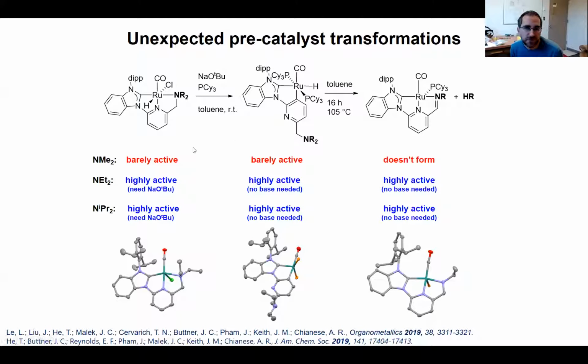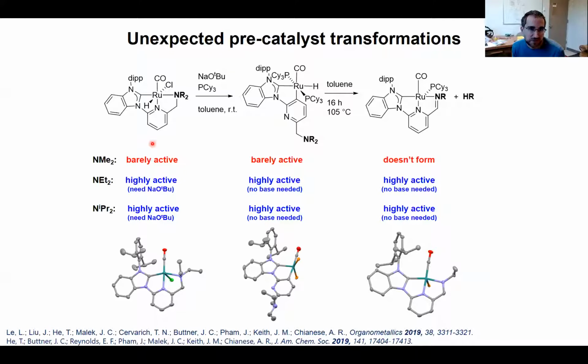So in the course of studying our catalysts to see what they do under catalytic conditions, we observed a couple of interesting and surprising stoichiometric transformations of the ruthenium complexes. Our precursor form here is a hydridochloride, a hydrogen and chlorine bound to the metal.